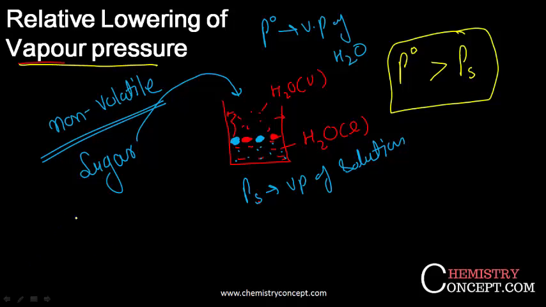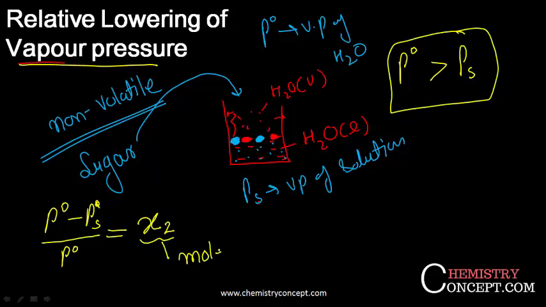And as per Raoult's law, this change in vapor pressure, (P naught minus Ps) by P naught, is called the relative lowering of vapor pressure, and this is equal to the mole fraction of the solute.